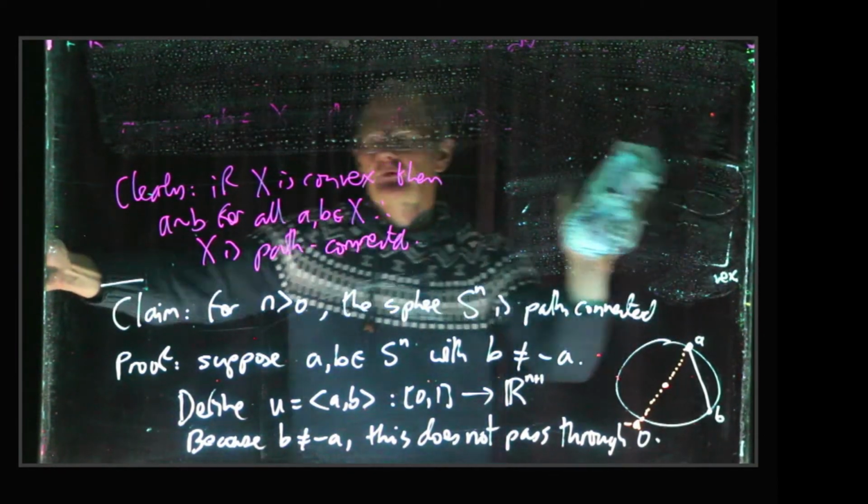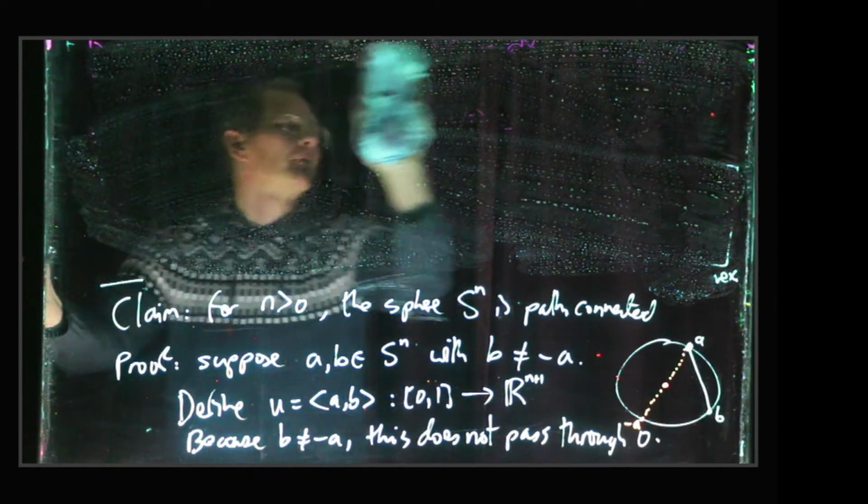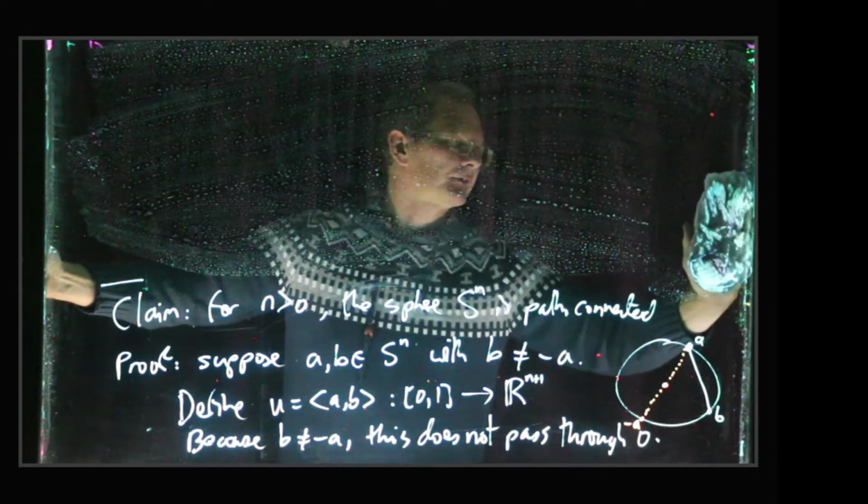But because we've not got zero vectors, that means we can just normalize. We can just divide by the norm to get vectors on the sphere itself.